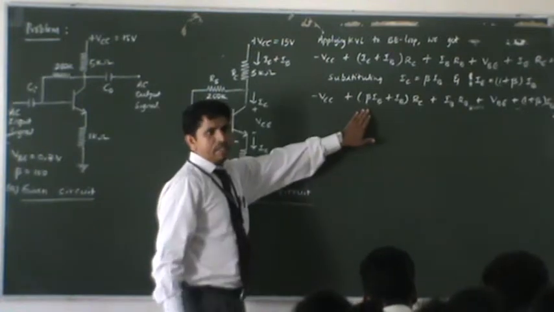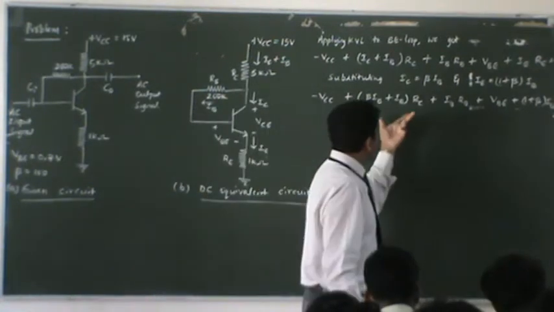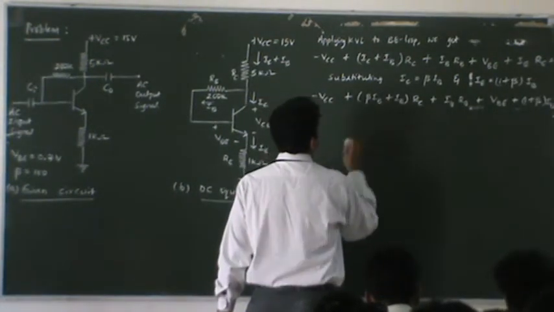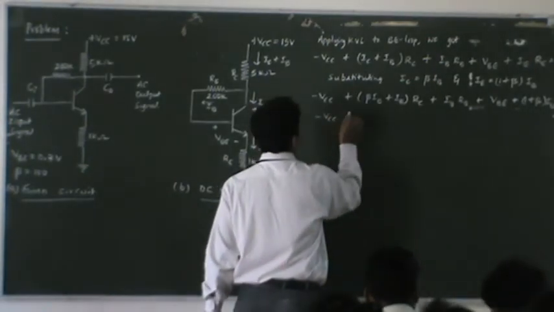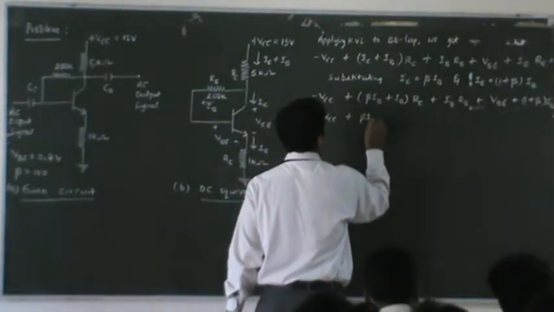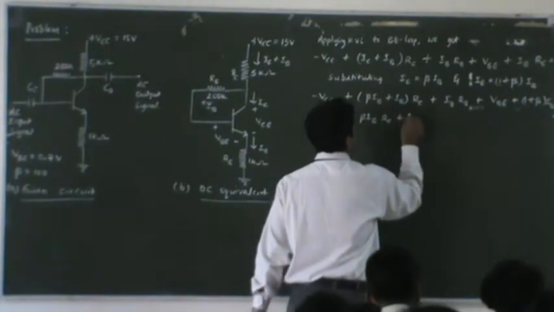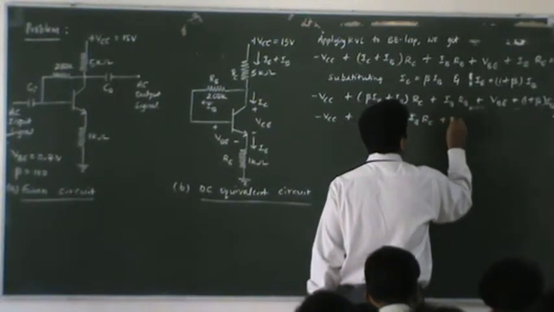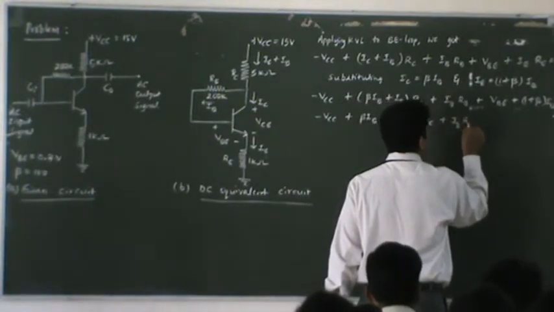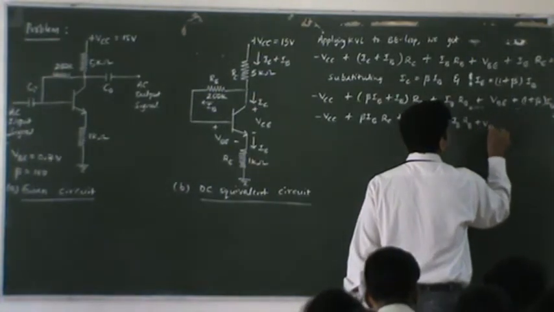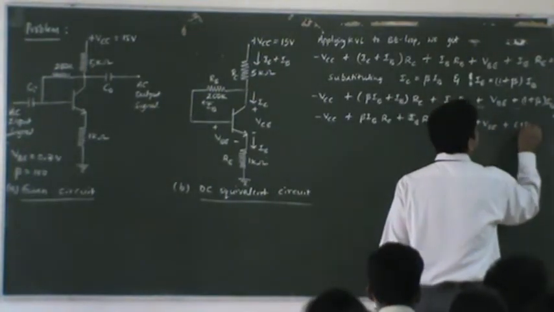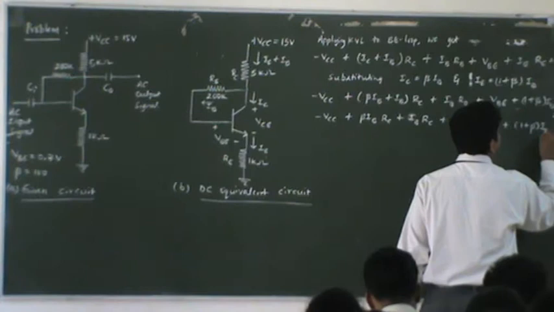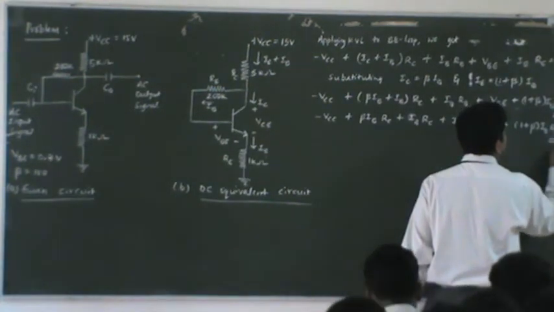You need to obtain the base current value from this. Just simplify for base current. Multiply out: minus VCC plus beta IB times RC plus IB times RC plus IB RB plus VBE plus 1 plus beta times IB times RE, which is equal to 0.